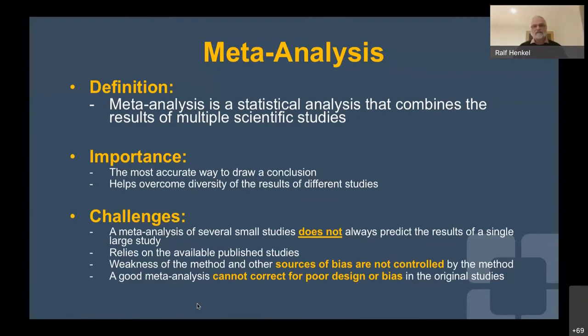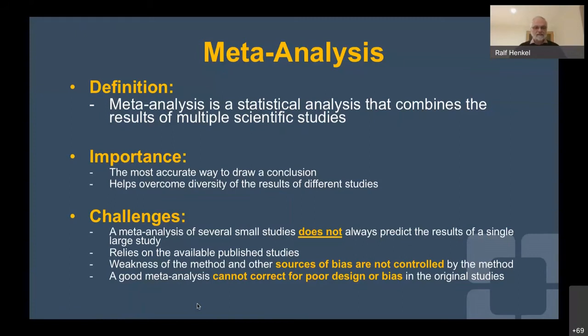If I combine results from several smaller studies, statistically, the results show higher variability, and then we might not obtain the best end result. So it relies on the availability of all the published studies, and it has weaknesses.